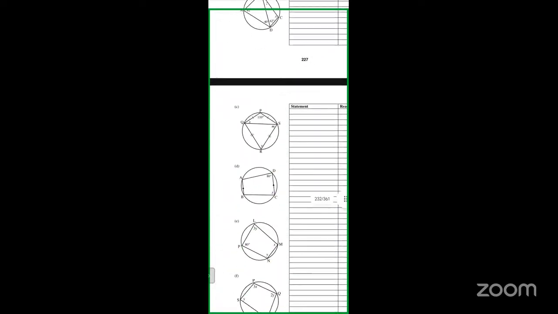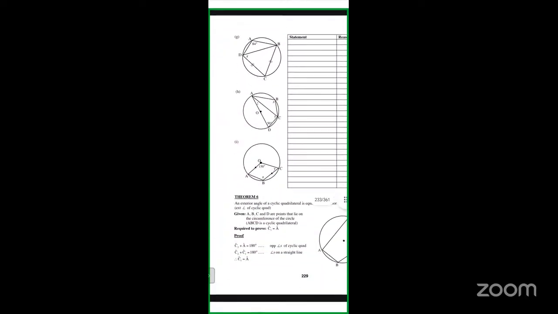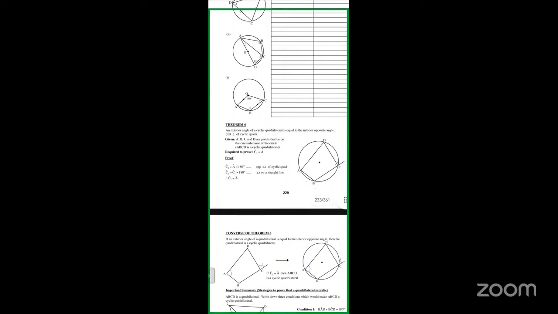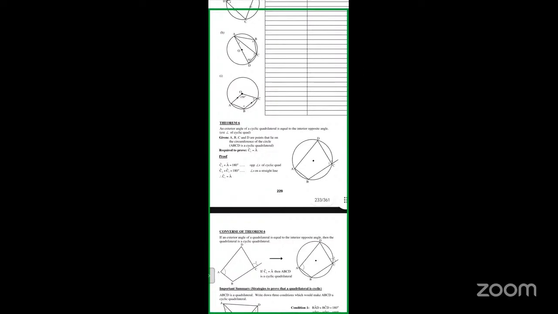Then we can move to the next theorem, which is theorem 6. It's saying an exterior angle of a cyclic quad, which is that angle C1, is equal to the interior opposite angle, which is that angle A. So angle C1 is equal to angle A. You state your reason: an exterior angle of a cyclic quad is equal to the interior opposite angle.